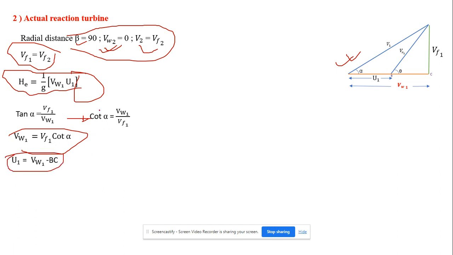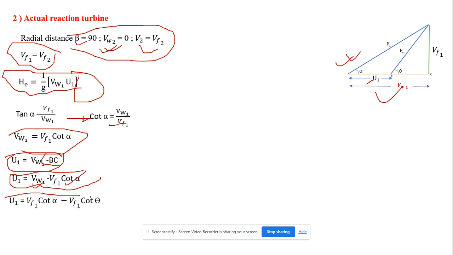In the case of U1, U1 is equal to VW1 minus VF1 cot theta, so U1 is equal to VF1 cot alpha minus VF1 cot theta.